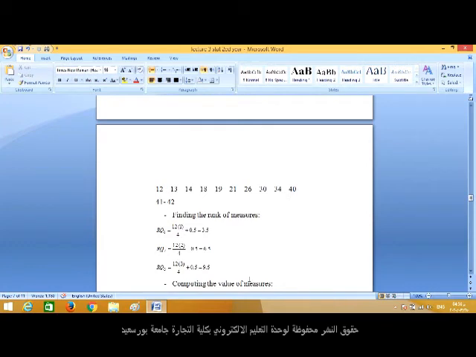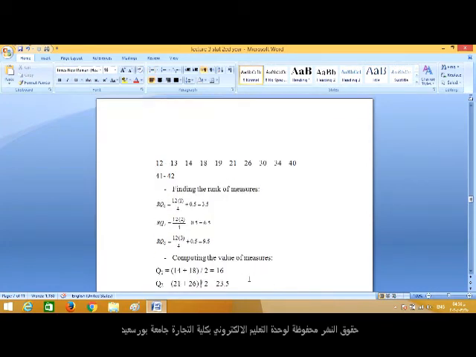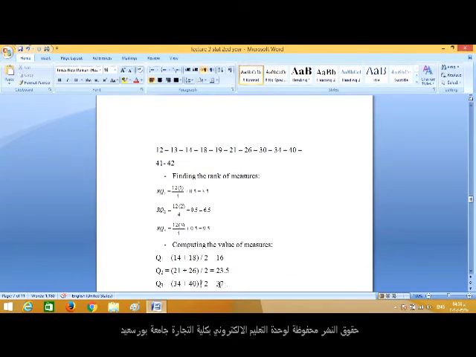Computing the value of the measures. The first quartile, as we said, is the average of 14 plus 18, the third and the fourth value, which equals 16. The second quartile, or the median, equals 21 plus 26 divided by 2, equals 22.5.